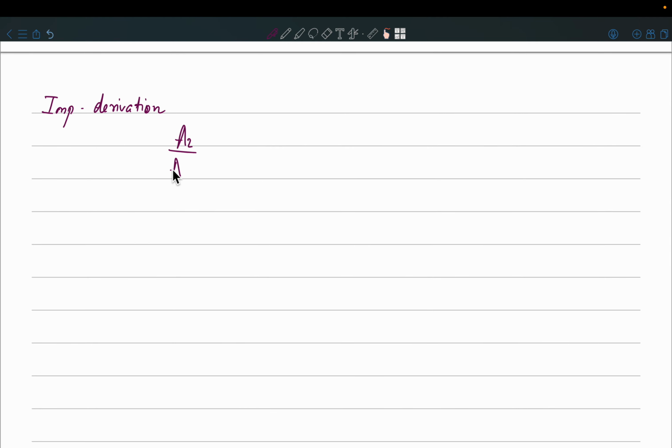The area relation A2 by A1 in terms of Mach number, you must have seen this. It's a huge equation. This is gamma minus 1 by 2 into M2 square divided by 1 plus gamma minus 1 by 2 M1 square.